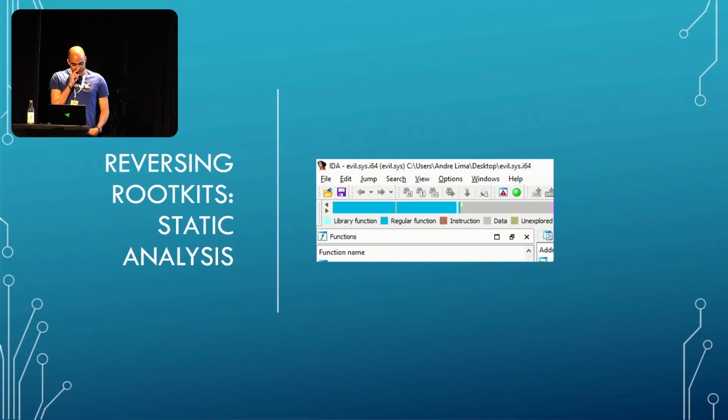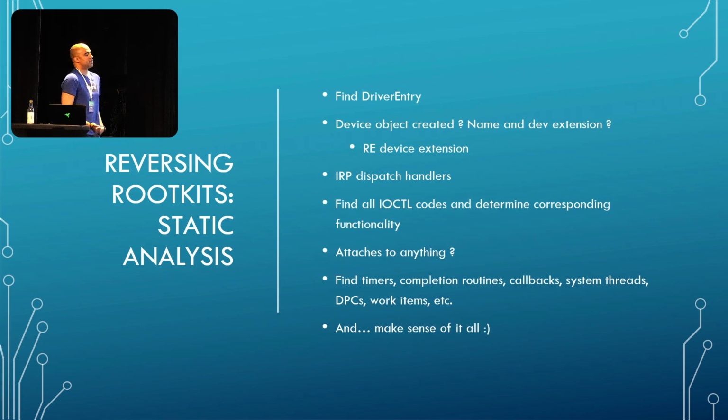So let's talk about reversing static analysis. The first thing you want to do is try to identify the DriverEntry, the corresponding main function in the driver world. The driver will get loaded, and the first part of the code that gets executed that you control as the developer, being malicious or a red team, is the DriverEntry.